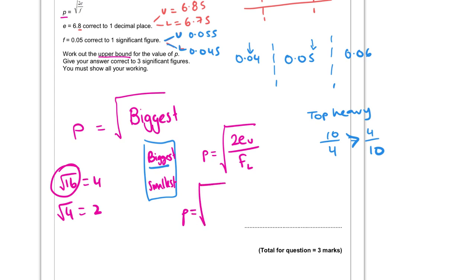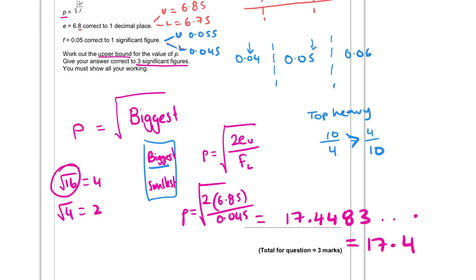P equals the square root of 2 lots of upper E's, 6.85, over my lower F, 0.045. And this is going to give me 17.483, etc. However, it says 3 significant figures, so that's 17.4.